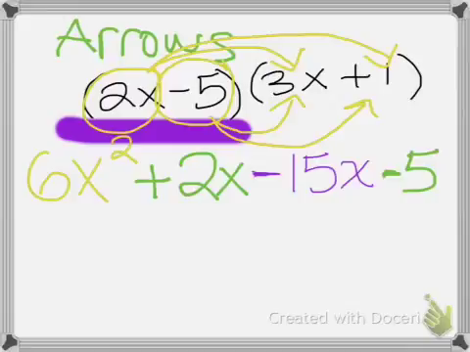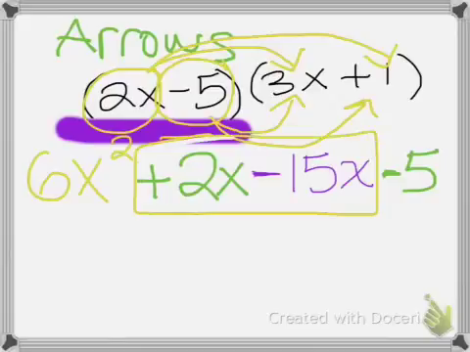Once we've done all the multiplication, the last step is to combine like terms. So we can see that the only pair of like terms here are 2x and the minus 15x. When we're combining the positive and the negative, we know that our outcome, since we're adding, is going to be negative because we have more negatives than the positives.